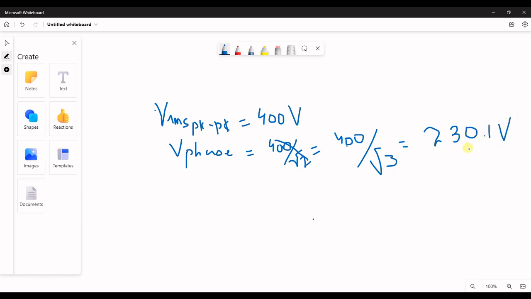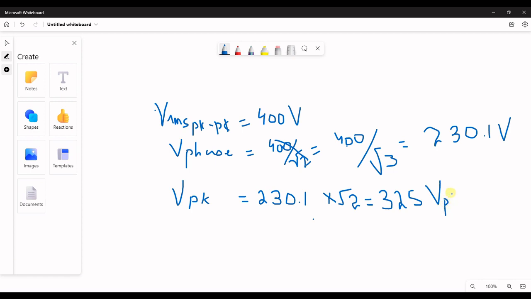This is the per-phase voltage. If we want to find the V peak of the signal, then we will multiply the 230 volts with root 2, and it will come to around 325 volts peak.